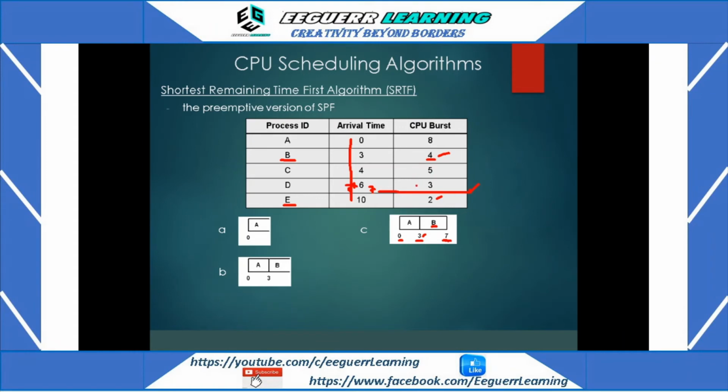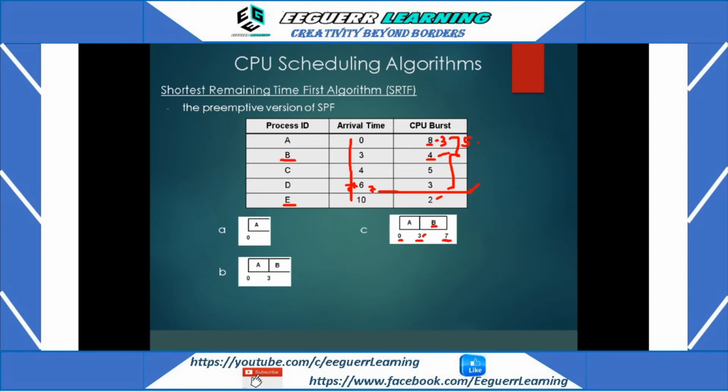So the CPU will choose from these CPU bursts the smallest. From the detection, this 8 will be minus 3, and we have the remaining value for A, which is 5.